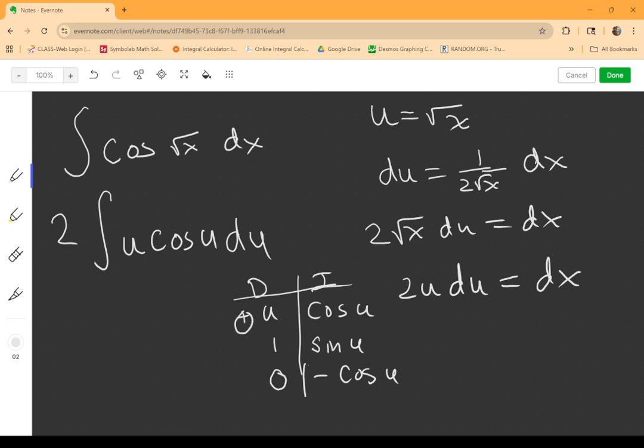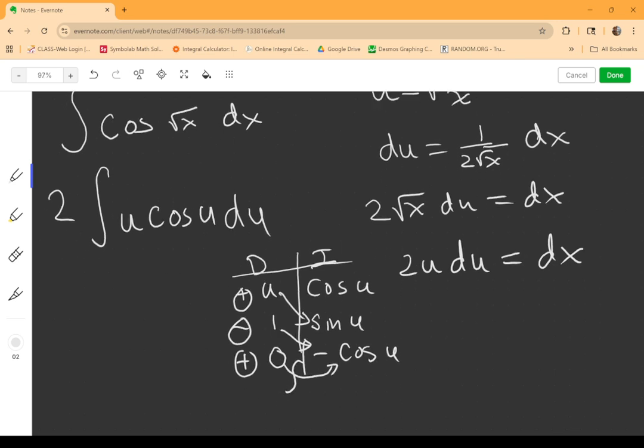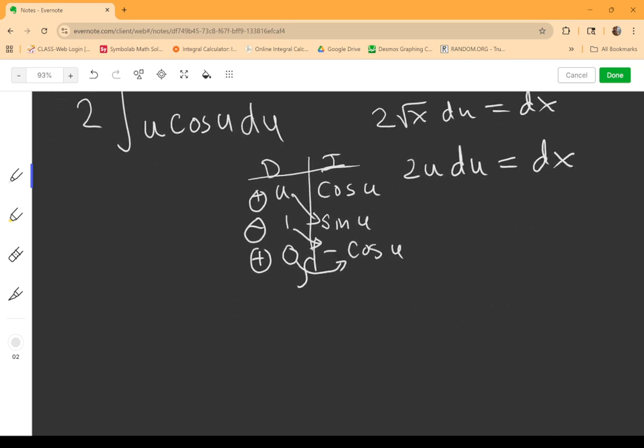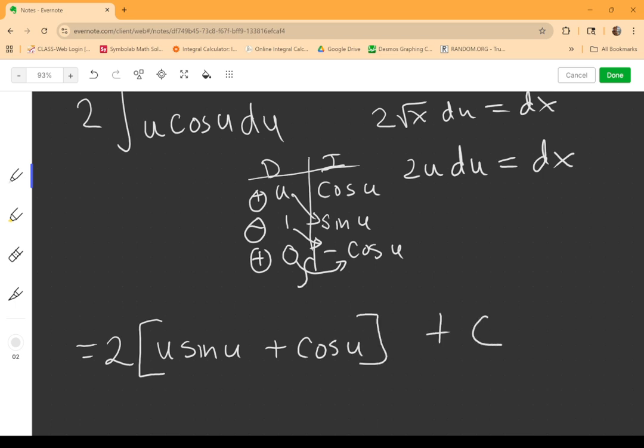Then we get plus, minus, plus, and here we draw our arrows. And again, don't forget the 2: u sine u plus cosine u, and always plus c.